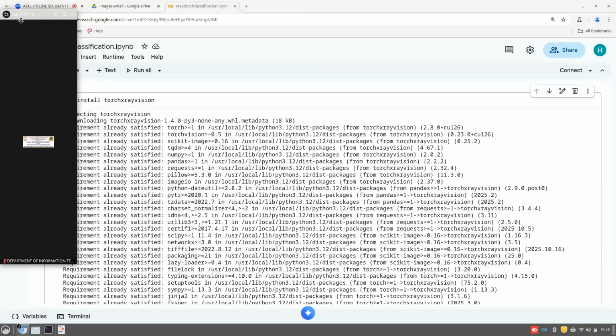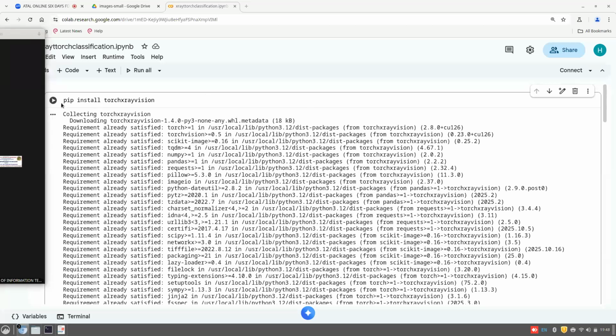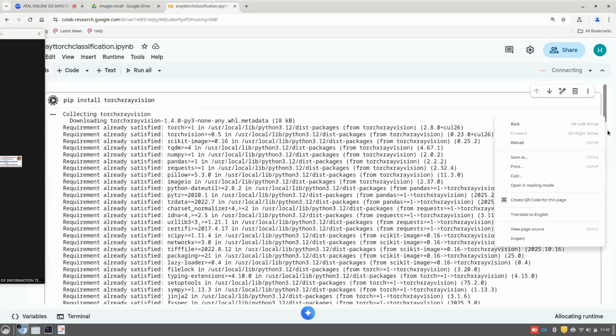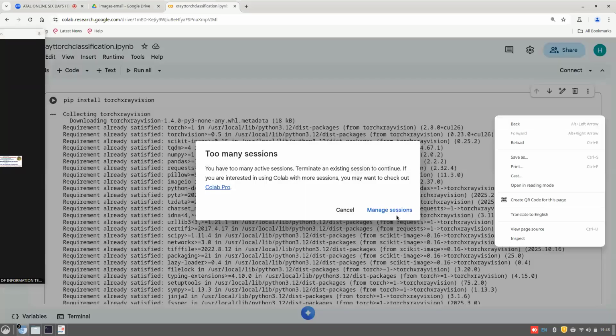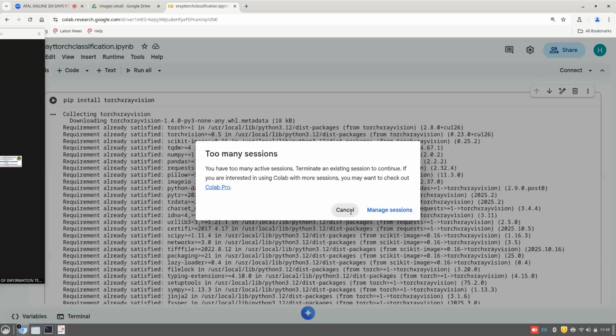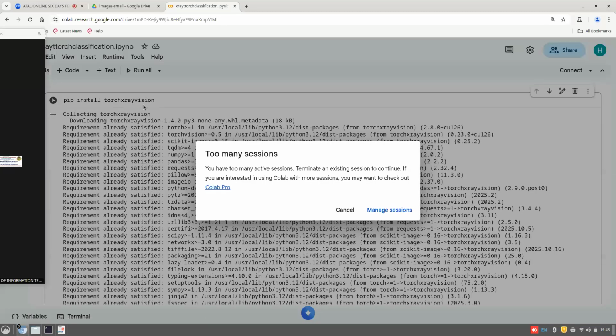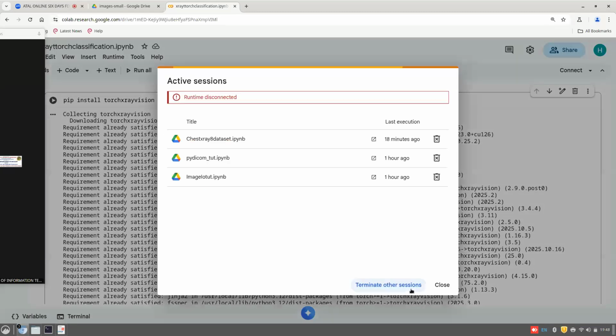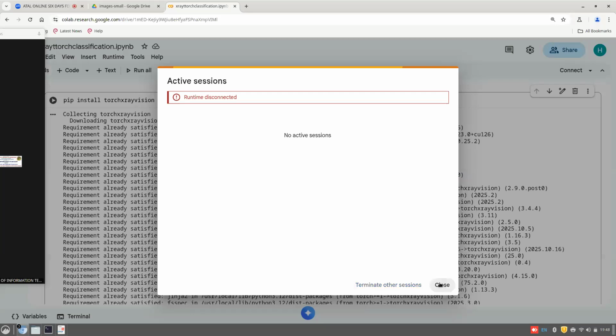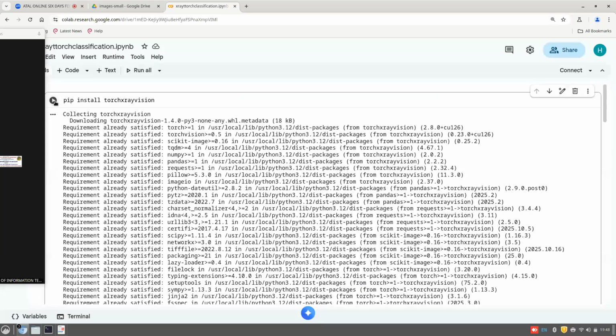So there is a library called Torch X-ray Vision, which has pre-trained models for X-rays. So that's why I'm showing this. You can install this library by pip install torchxrayvision.